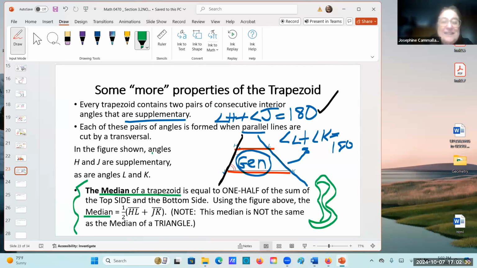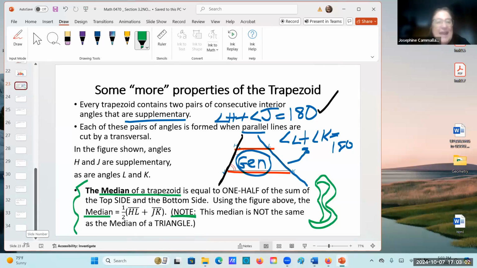The median is 1/2 the top base, which is HL, plus JK, the bottom base. Notice the median is not the same as the median of a triangle. So don't get these two formulas mixed up. Now, I'm going to drop down a few places to using this formula.